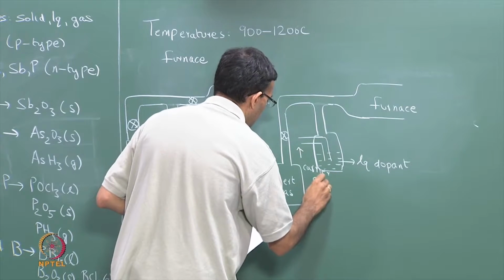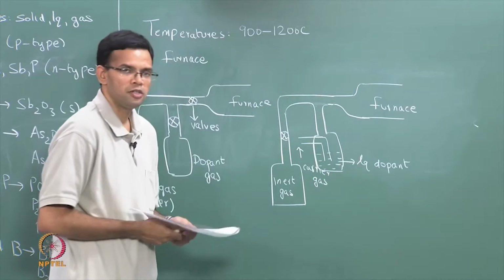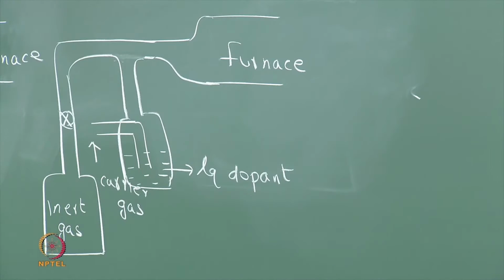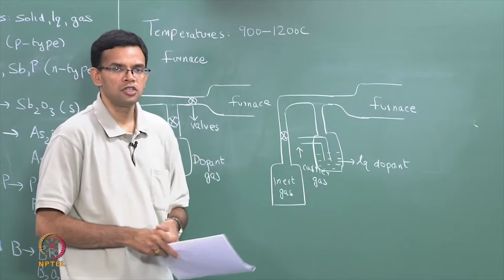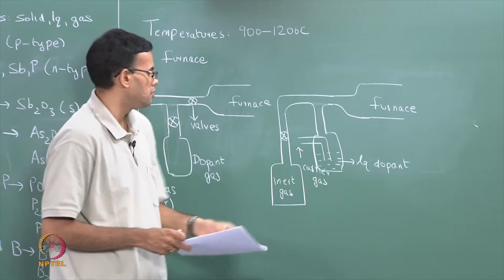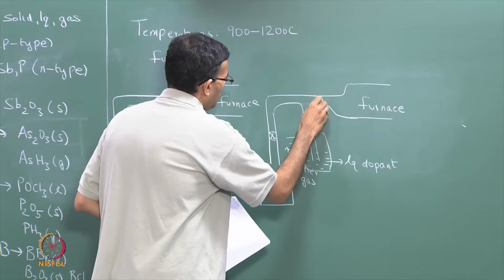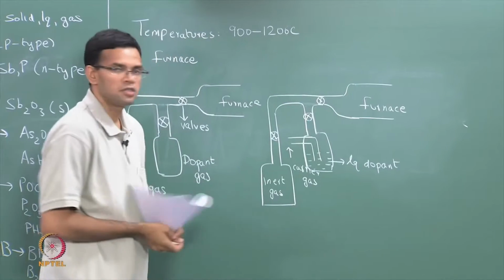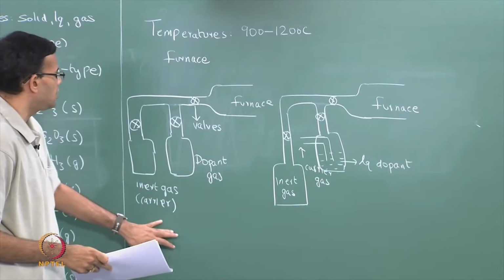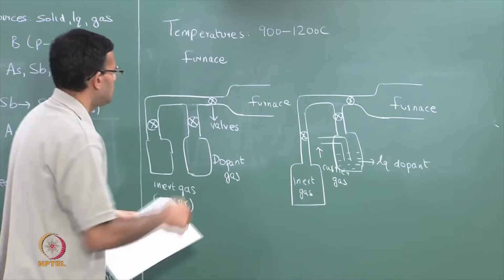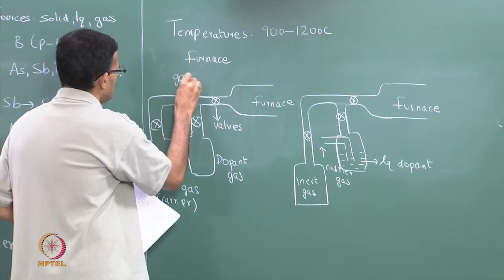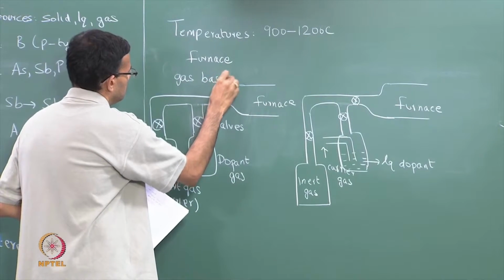And then some carrier gas is bubbled into the dopant. So, the dopant in the form of a liquid has some vapor pressure on top of it, and a carrier gas is used in order to draw the vapor along with the inert gas, and these are again introduced into the furnace. So, the setup for both the gas phase and the liquid base is similar.